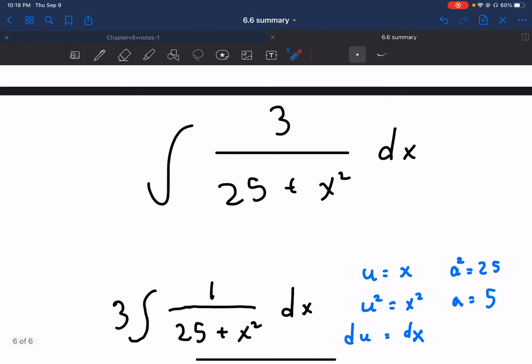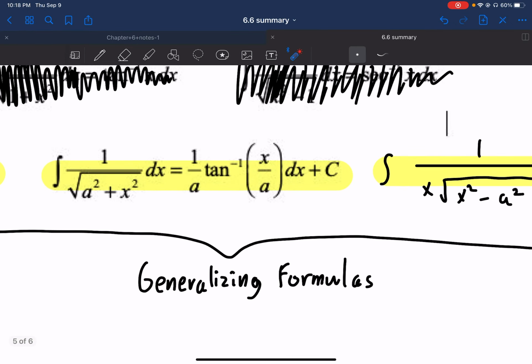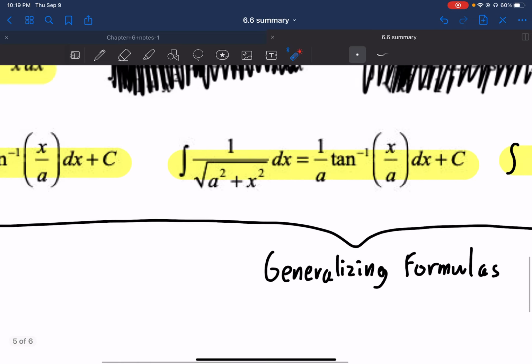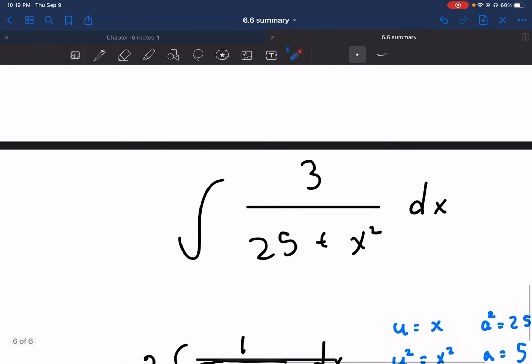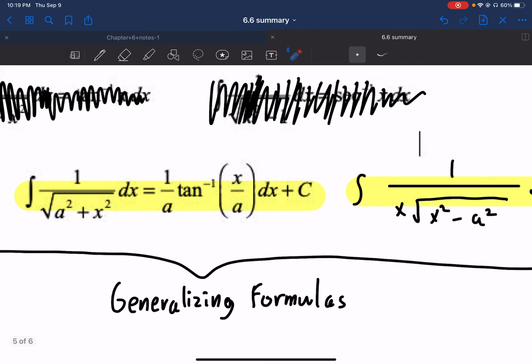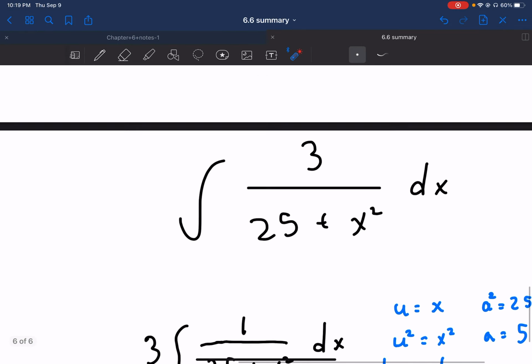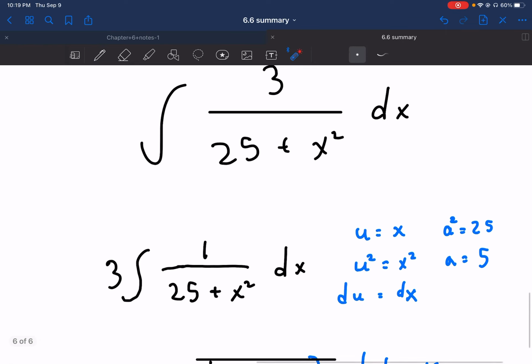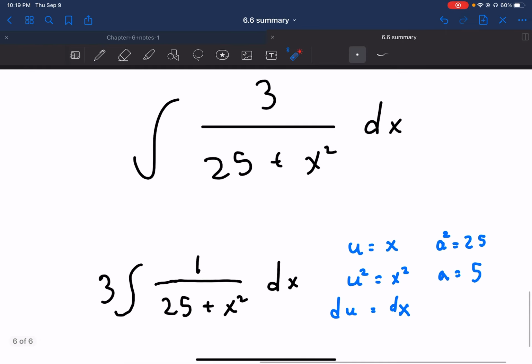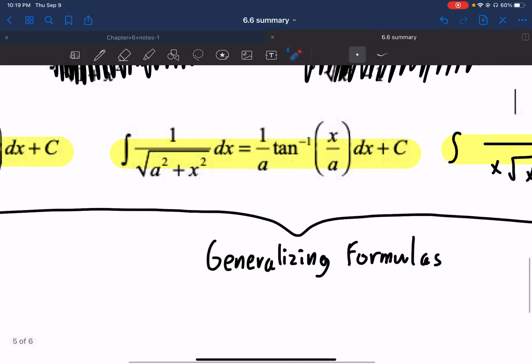But what we also notice is that if we look at this formula right here, 25 is a perfect square. So when we look at 25 and we see that's a perfect square, we want to look at this formula right here. First you do a little bit of substitution, kind of manipulate the formula to get to this form.